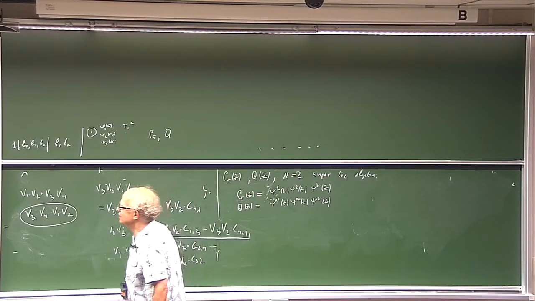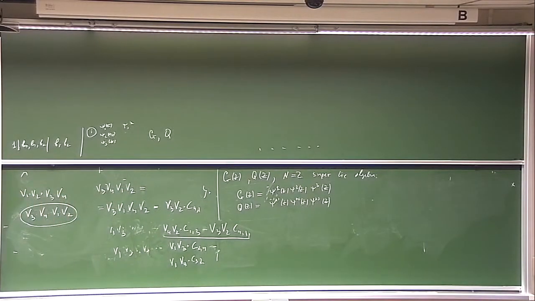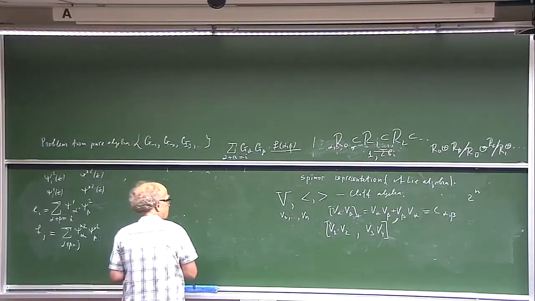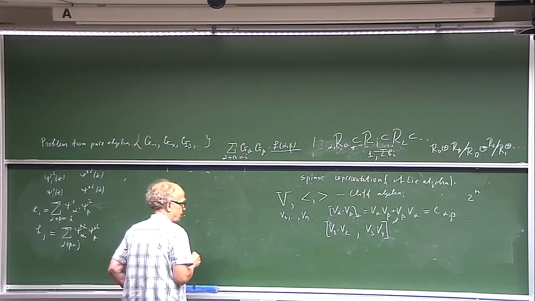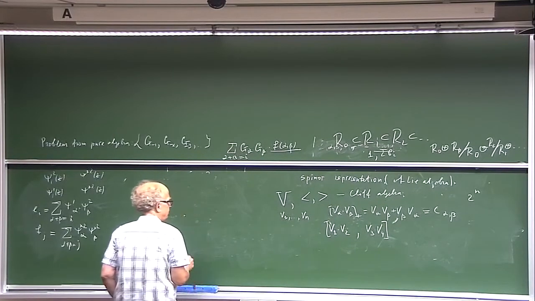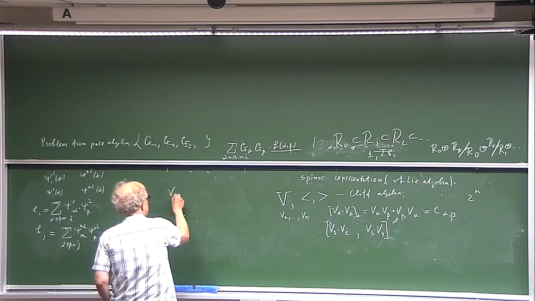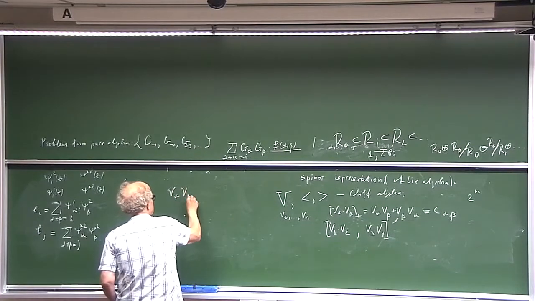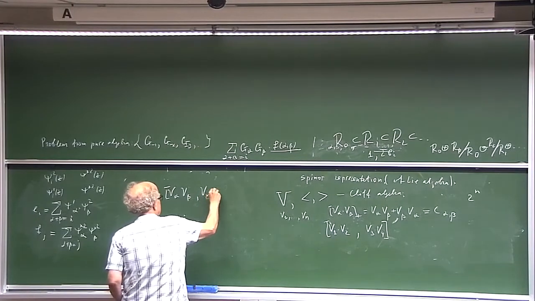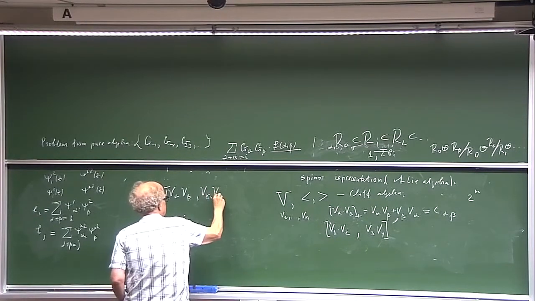So therefore, what conclusion can we make after that? The conclusion is the following. We have Clifford algebra. And in the Clifford algebra, we have the quadratic expression V alpha, V beta, and then V gamma, V delta.